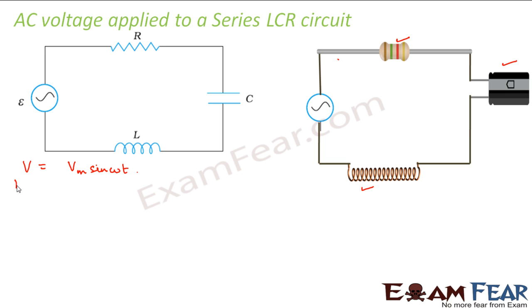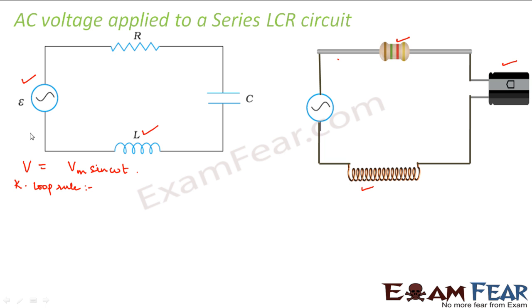Now if I apply Kirchhoff's loop rule for this circuit, what do I get? What is the net EMF of the circuit? In this case, there is the source voltage. The inductor will have a self-induced EMF because of the changing magnetic flux.